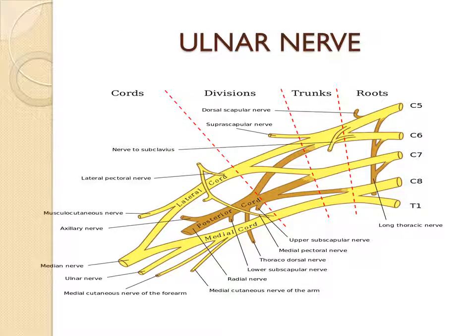The ulnar nerve is formed from the anterior division of the inferior trunk.